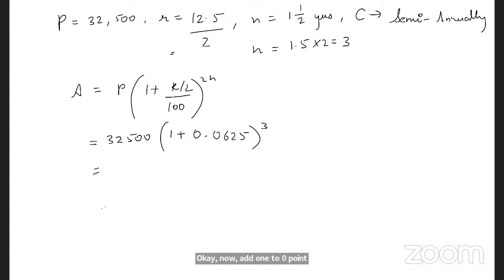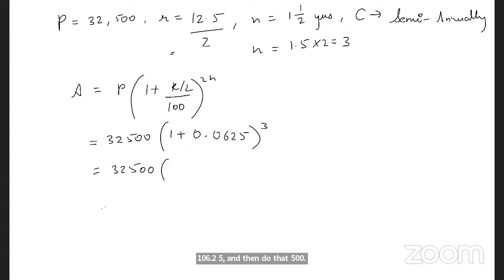But why do you add 1 plus that? Shouldn't it be 1 plus 6.25 by 100, and then you get 106.25 and then divide that by 100?